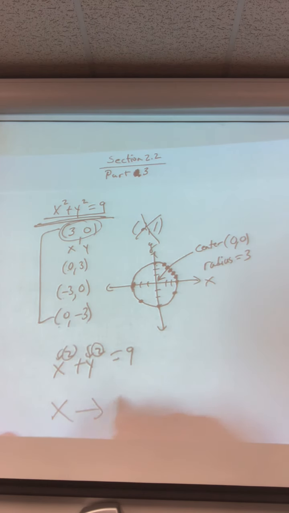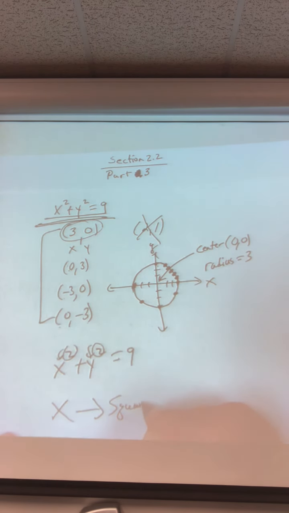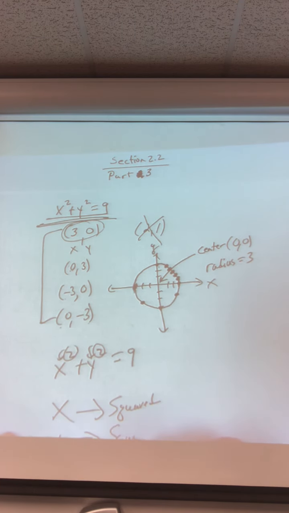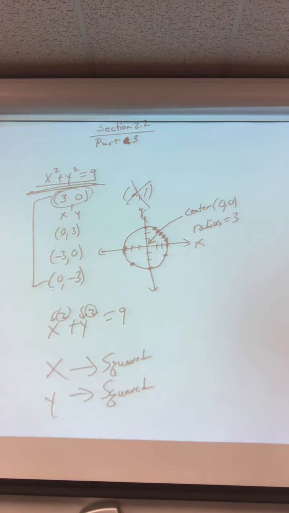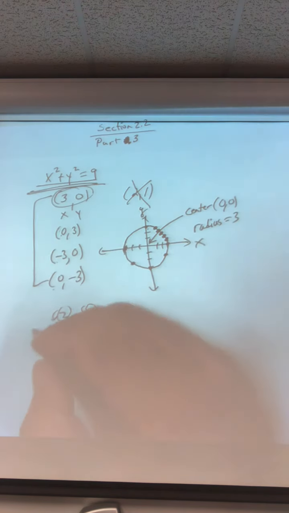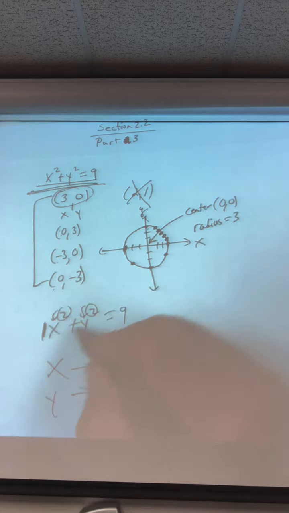One of the distinguishing features about every circle is this. The x will be squared and the y will be squared. Now, not only that, notice what's in front of the x squared right here. A 1. What's in front of the y squared? It's a 1.